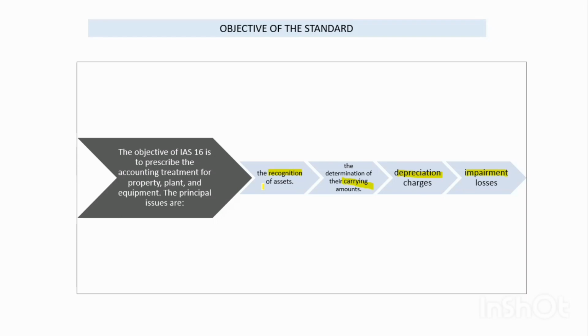The next concept there is depreciation. So at initial recognition, whatever the asset is, minus depreciation for the period, that will give you the carrying amount as at the end of the period. Then impairment losses. There are losses that occur that make the asset's carrying amount less than the realizable value or the fair value of the asset.